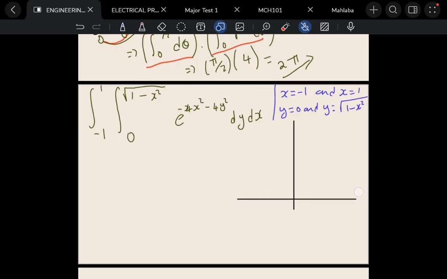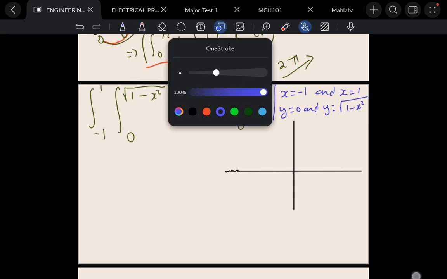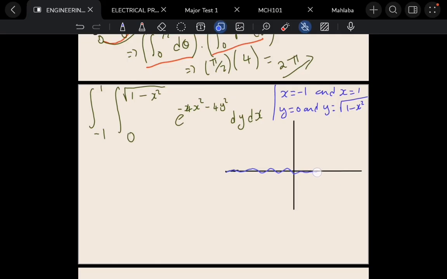When we draw the region, the first one is y is equal to 0. It is a horizontal line.